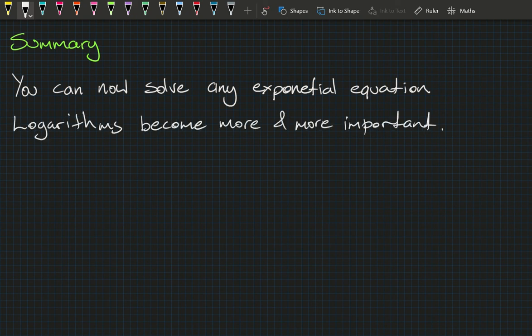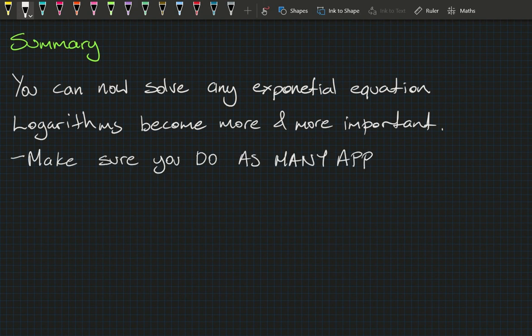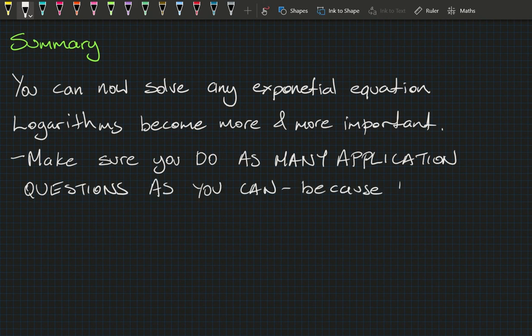Even though the pre-learning questions and the examples weren't heavy on application, I did give you a taste of one in the introduction. So when you're doing your questions in the exercise, make sure you do as many of the applications as you possibly can, because that really is the main focus of this lesson.